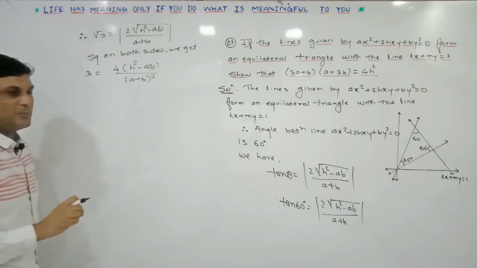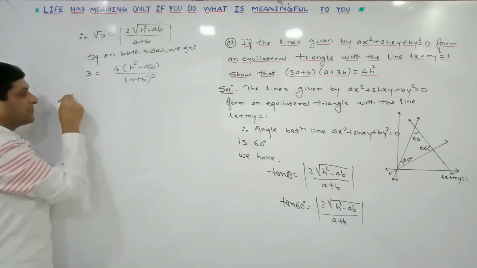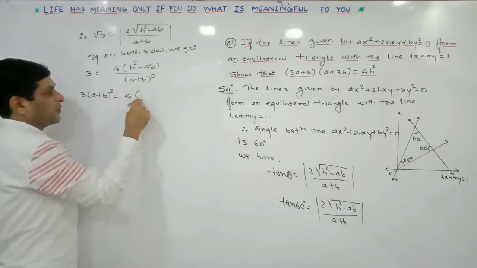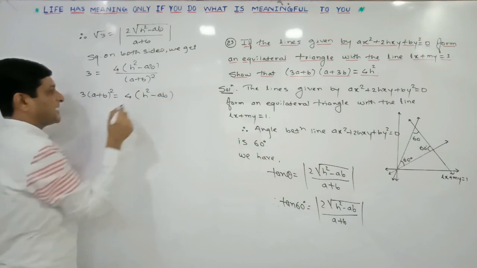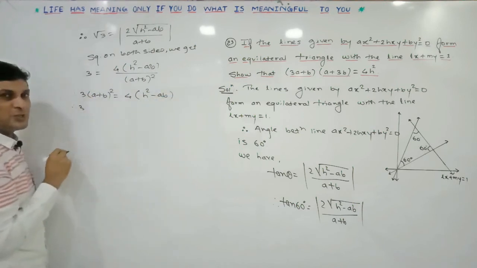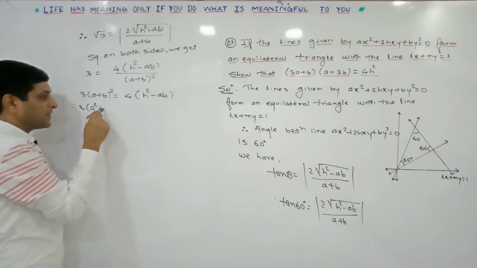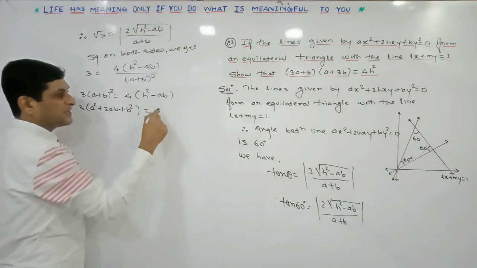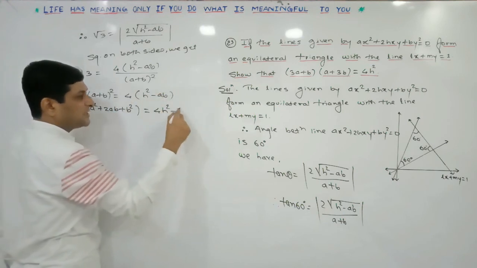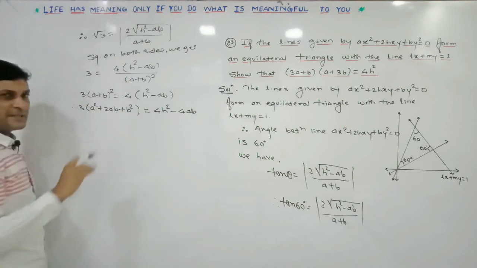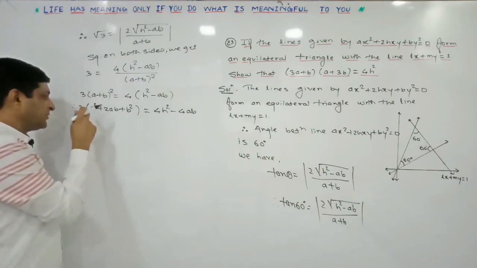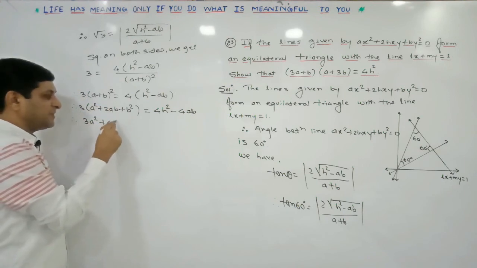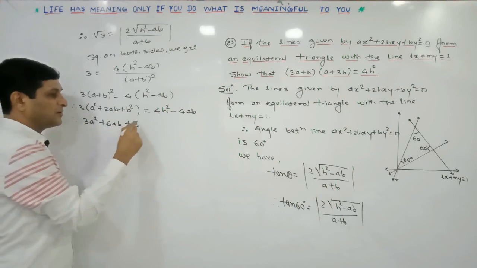Simply squaring both sides, (a + b)² gets multiplied on this side. So 3(a + b)², and on this side 4(h² − ab), keep it as it is. What is the expansion of this bracket? a² + 2ab + b² equals 4h² − 4ab. Simplifying: 3 into a² is 3a², 3 into 2ab is 6ab, and 3 into b² is 3b².